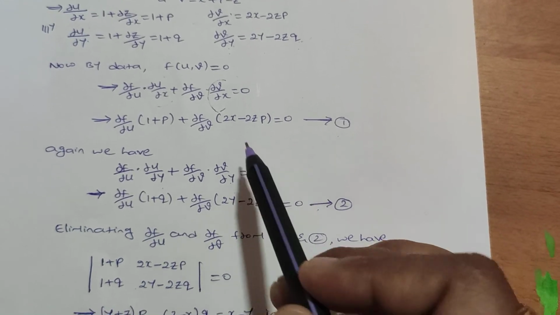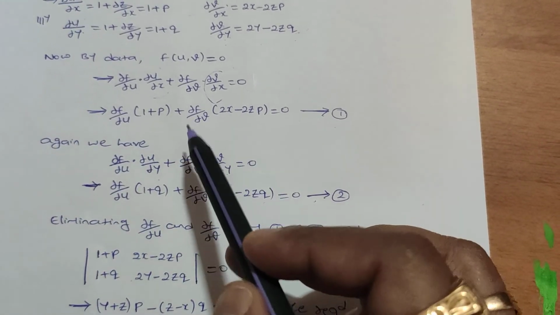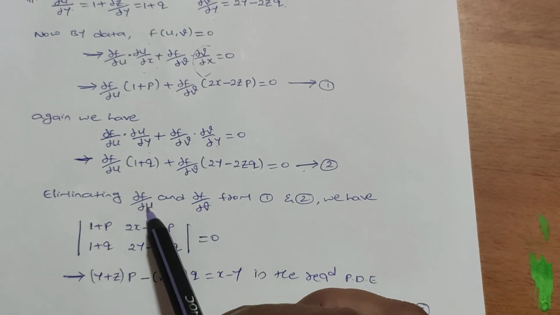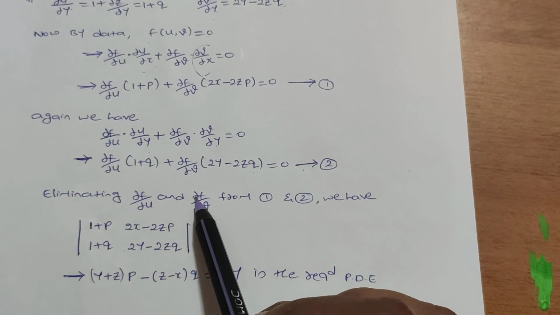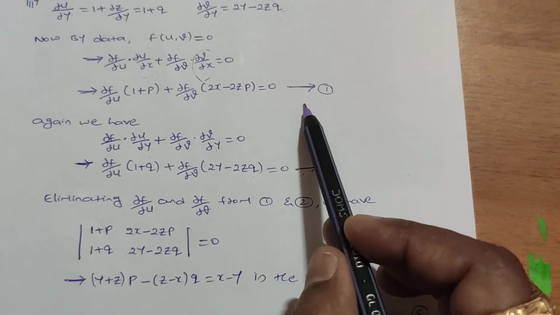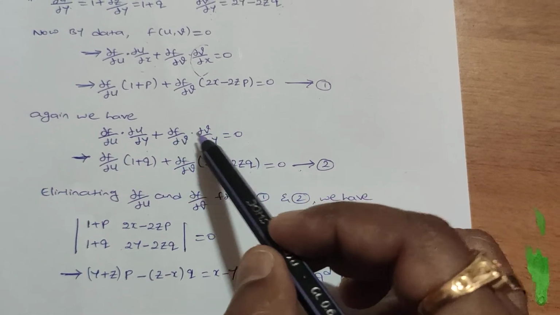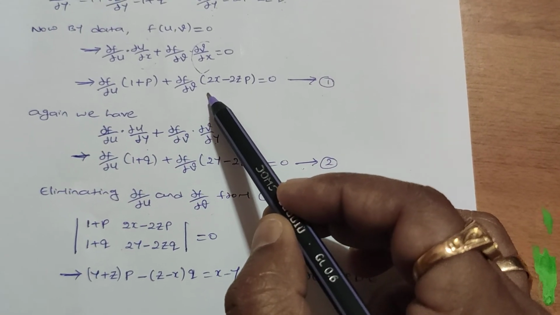If we want to eliminate the arbitrary function, the method is to eliminate dou f by dou u and dou f by dou v from equations 1 and 2. For that we write the given equations in determinant form.